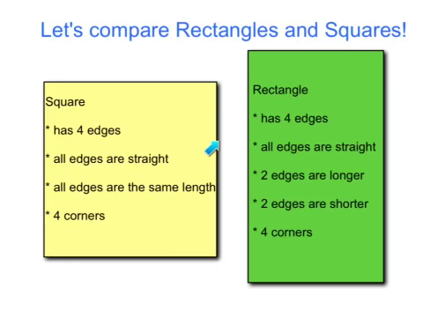They also have edges that are straight, so that's the same. They have 4 corners, that's the same. The only difference between a square and a rectangle is the length of the edges. The rectangle has 2 long and 2 short, whereas the square has edges all the same length. That's your only difference between a square and a rectangle.